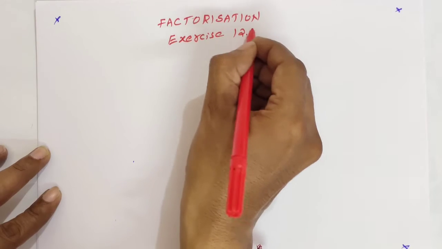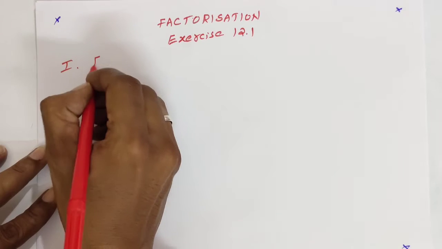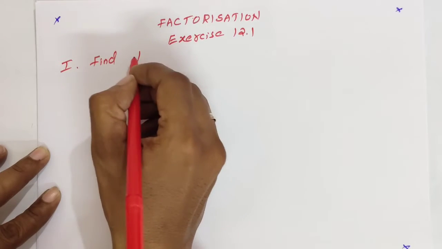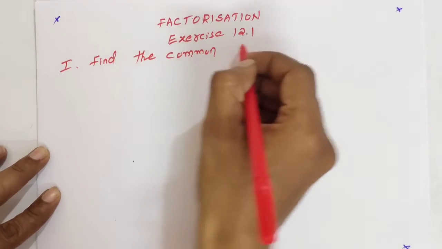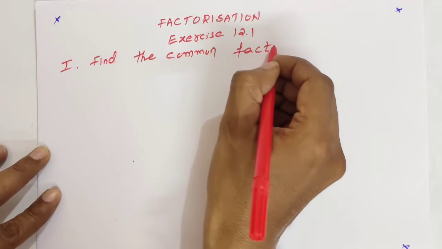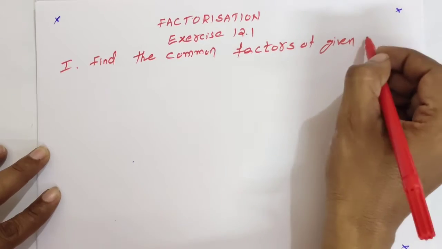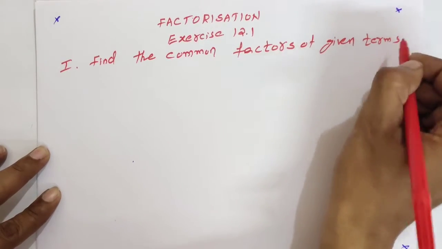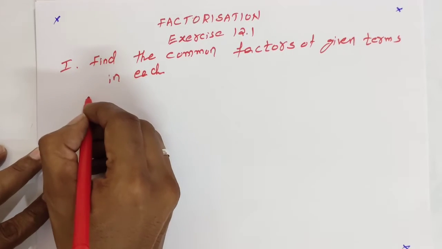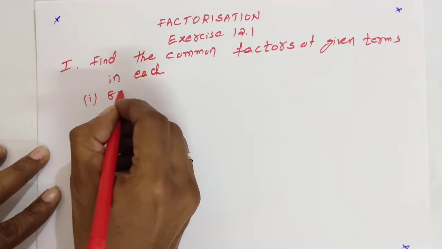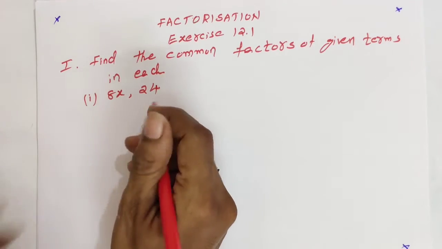So here the first type of sums are: find the common factors of given terms in each. So the first sum: 8x and 24.